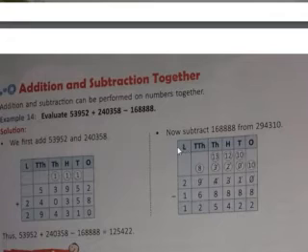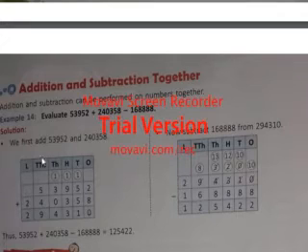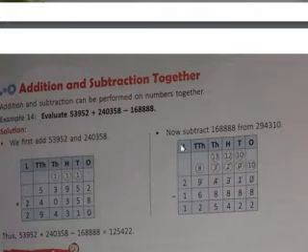So now if you will see what you have done second time, from the add of these two, that means 2,94,310, the remaining number is subtracted, that is 1,68,888. So you can see over here, now subtract 1,68,888 from 2,94,310. So what will be happening? We have to subtract.